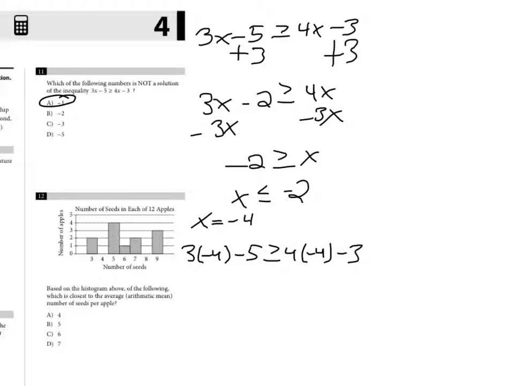So let's try it real quick. 3 times negative 4 is negative 12, and then minus 5. 4 times negative 4 is negative 16, minus 3. Negative 12 minus 5 is negative 17, and negative 16 minus 3 is negative 19. This makes sense. Negative 17 is greater than negative 19.